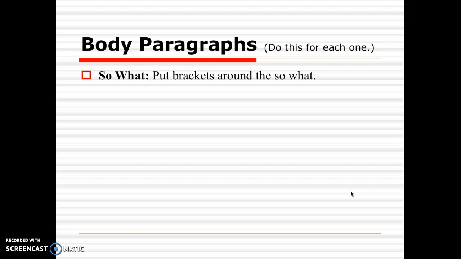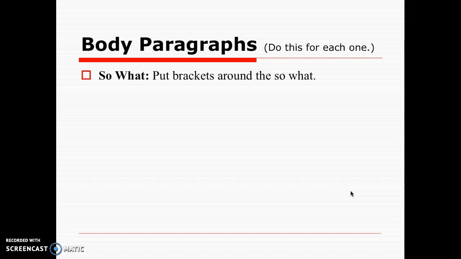All right, next up, take a look at the so what. Now, the so what should be pretty much everything that follows the citation of your passage till the end of the paragraph. One of the big things that a lot of people missed the first time around with the SRP essays was to make sure that the so what is pretty consistently focused on the passage and the original tell me in the body paragraph.